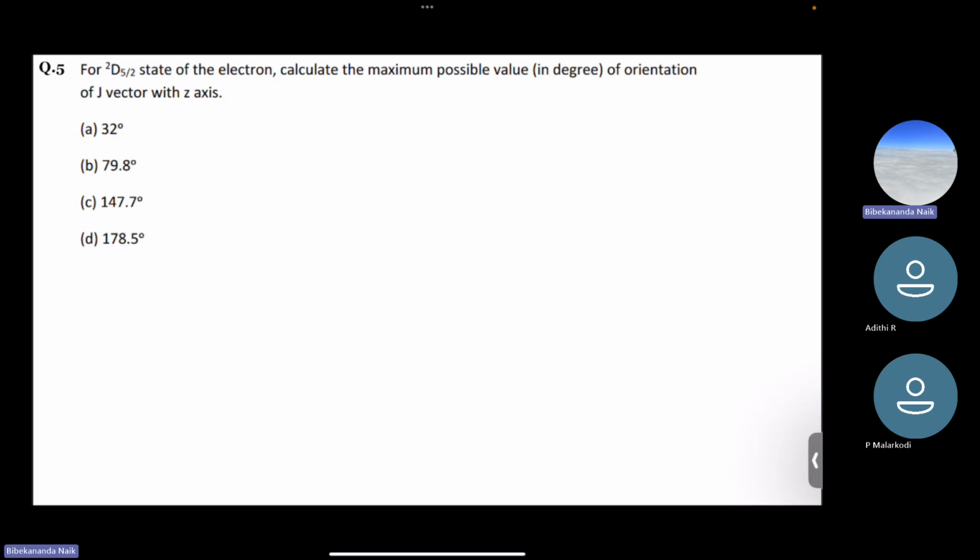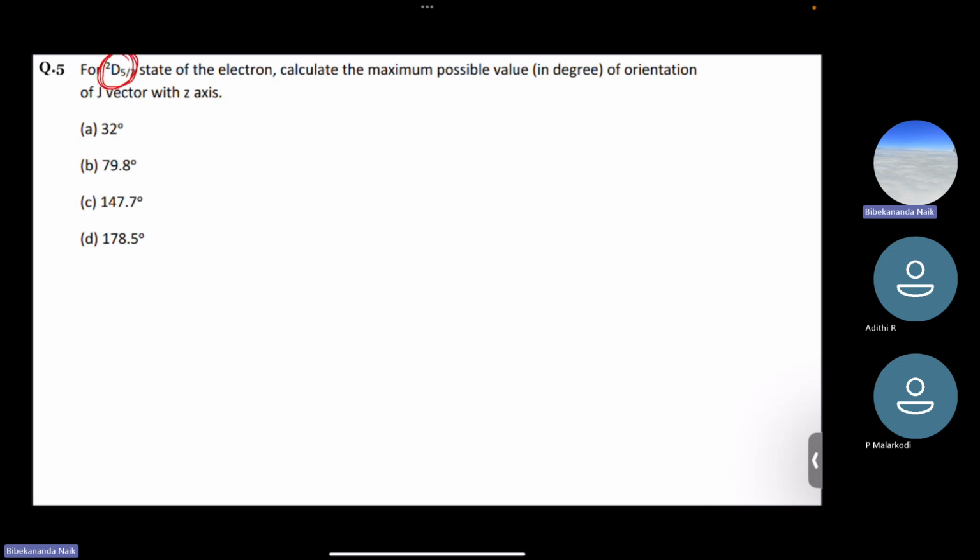So if you talk about this question, here we have the state 2D 5 by 2.